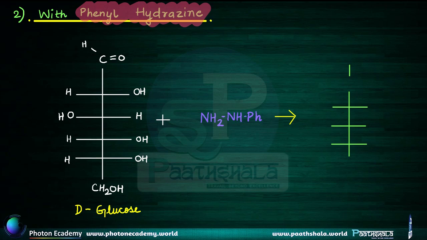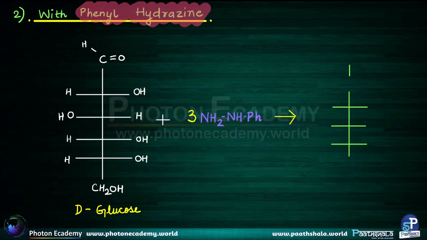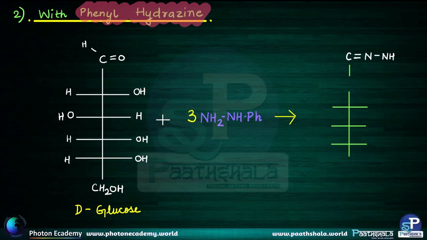Actually, 3 moles of phenylhydrazine are going to react with our D-glucose, and they're going to give us a new compound, which can be represented in such a manner. We've got C, with a double bond attached, and then we'll have N, NH, Ph.